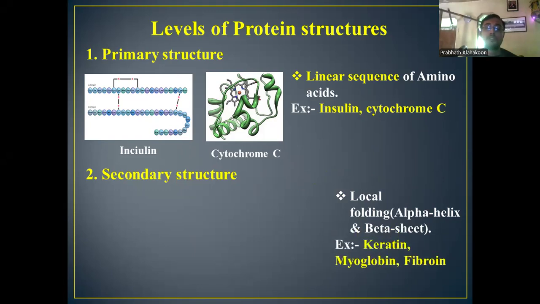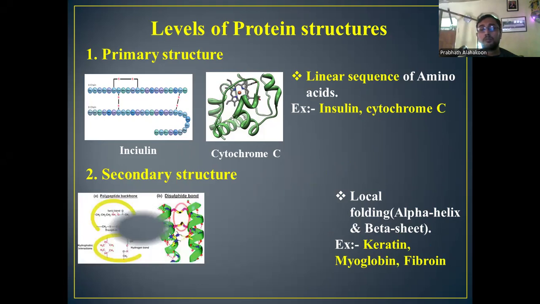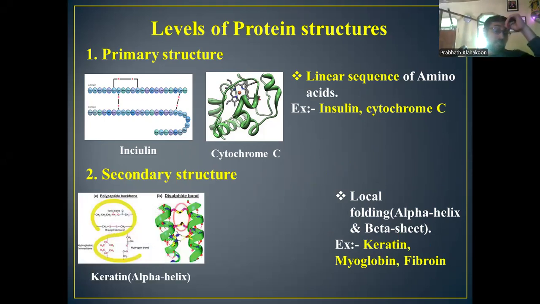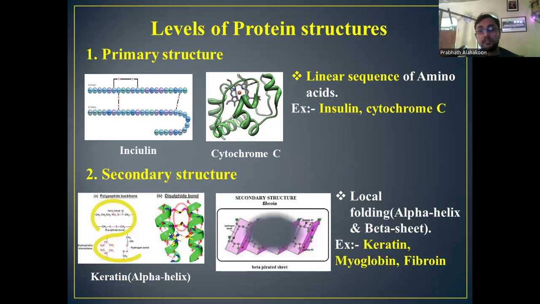Examples of secondary structure proteins: keratin, myoglobin, and fibroin. Third picture contains keratin structure. It has alpha helix structure. Fourth picture contains fibroin. It has beta sheet structure.